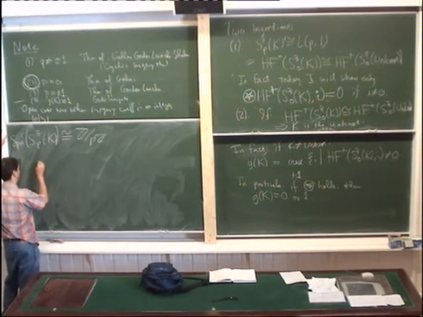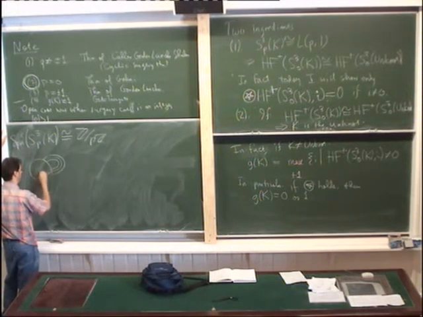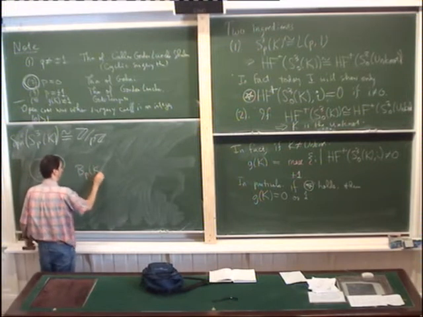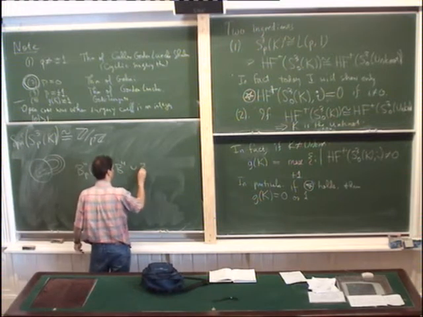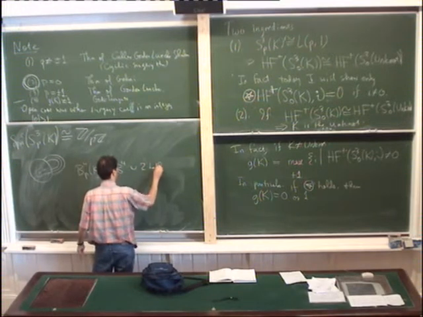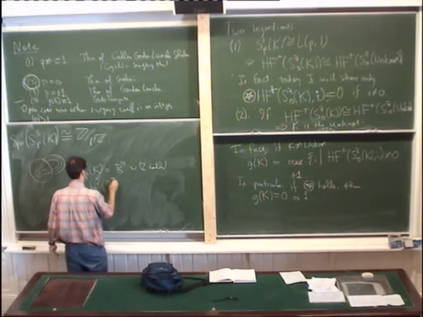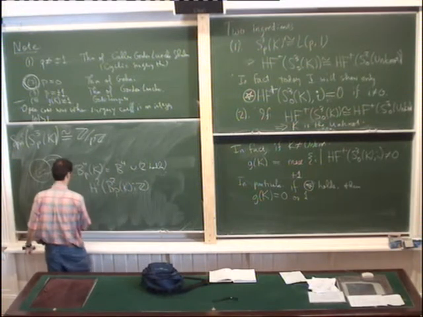If I take the 4-ball and I attach a 2-handle with framing P, then let B_P(K) denote the 4-ball union a 2-handle. Its two-dimensional cohomology is isomorphic to Z.